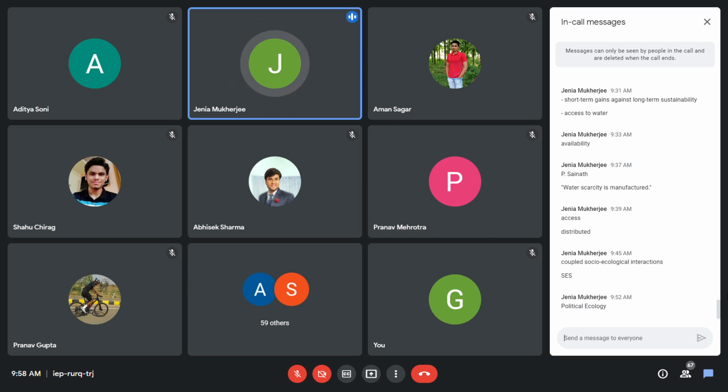So there will be lots of reading materials, screen sharing, PPTs, and the mechanisms otherwise followed in all the courses. Of course that will be there.